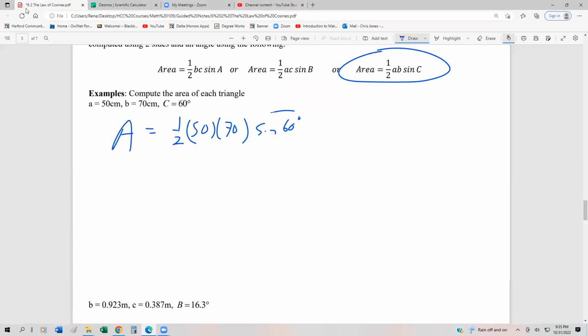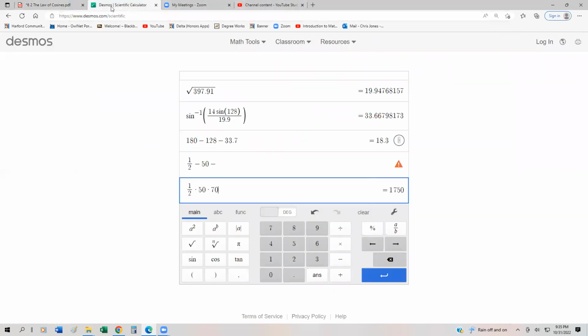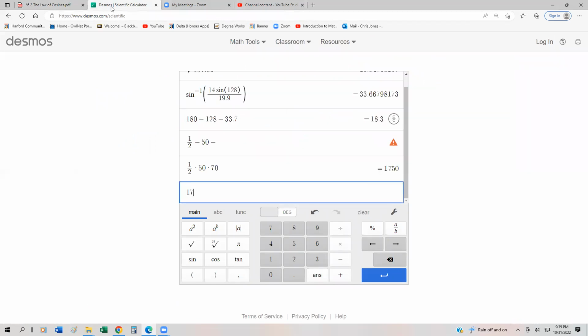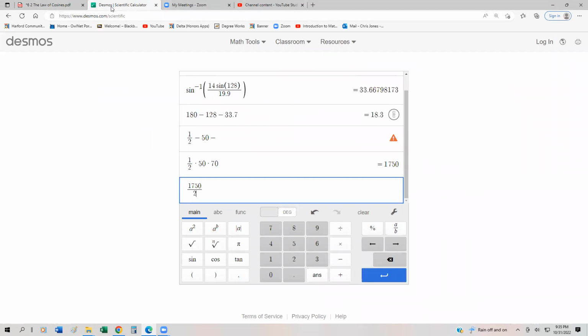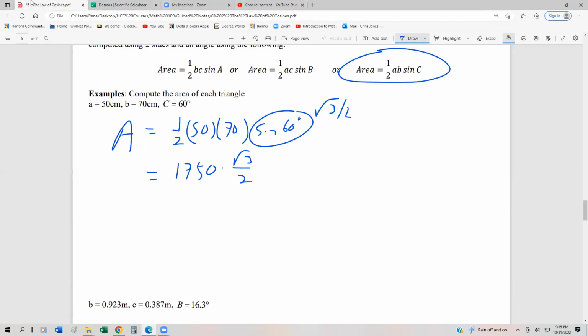We know that the sine of 60 is √3/2. So for an exact value, we could get 1750 times √3/2. We can just divide 1750 by 2, which is going to be 875, so it's 875 square root of 3.